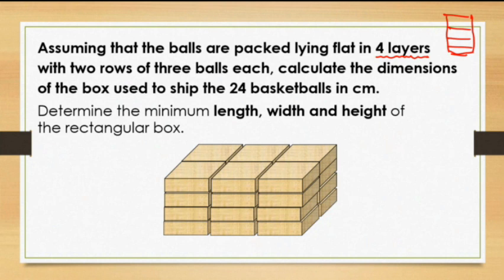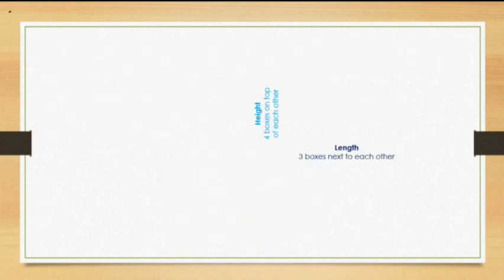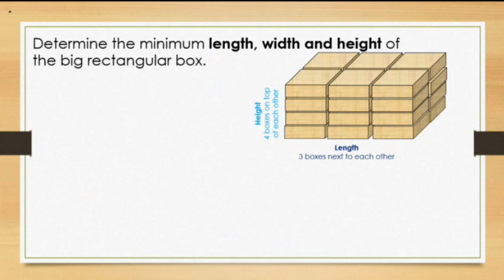Now, remember, they didn't say that there are spaces in between. If they wanted spaces in between, then obviously we would have to add. But now it is quite simple. We have 3 boxes, and you know the length and the height of the boxes.